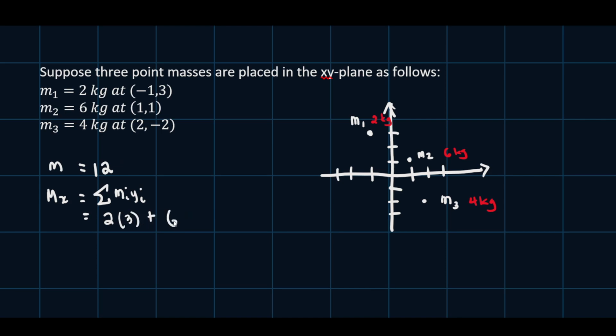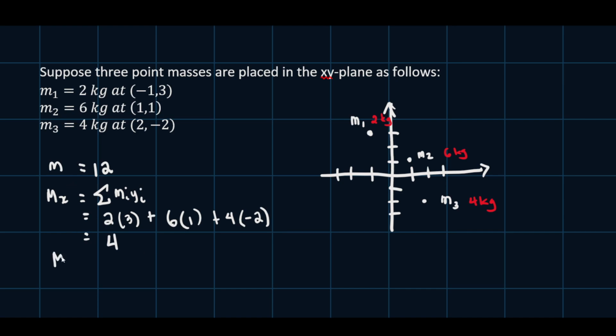Second one, 6 kilos, y-coordinate is 1. And third one is 4 kilos, y-coordinate is negative 2. So simplifying, we have 12 plus 6. So 18 minus, sorry, but 12. We have 6 plus 6. So we have 12 minus 8, or that is 4.